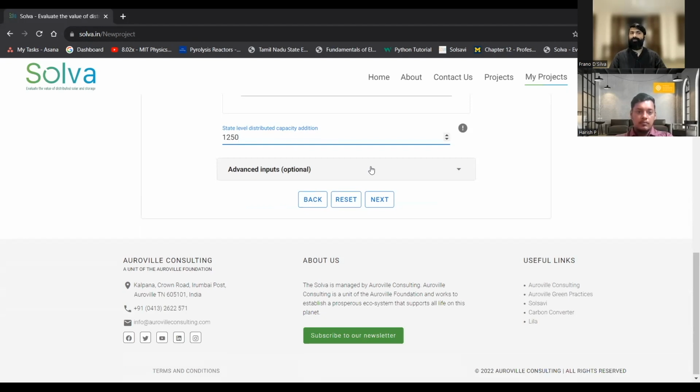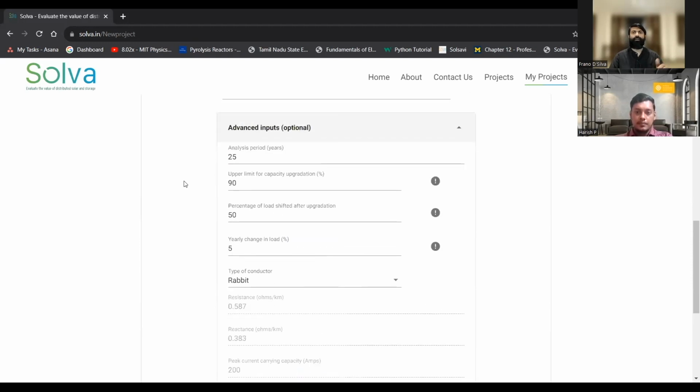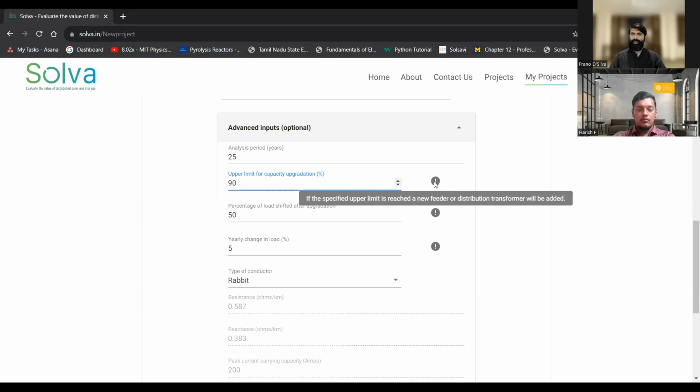And if you want, you can then go into the additional inputs that will help you in doing the analysis. To explain a bit here, we have set some standard values, and these can be modified according to your requirement. We propose to do an analysis of 25 years. We have an upper limit for capacity upgradation of 90%.